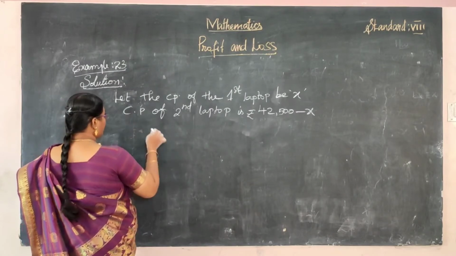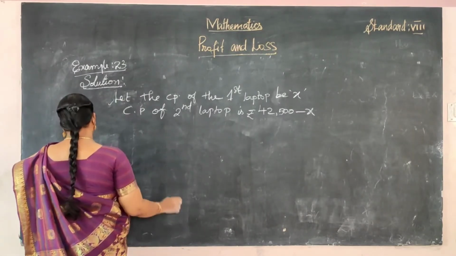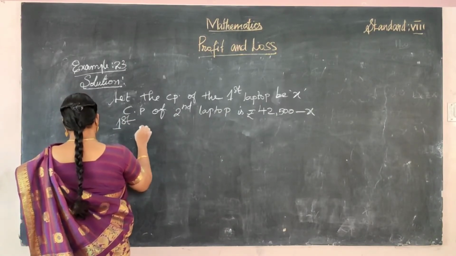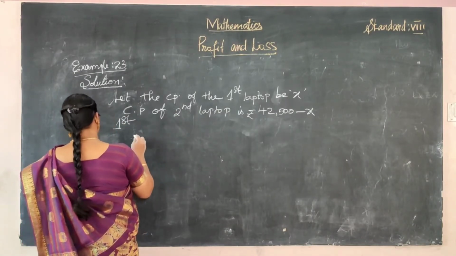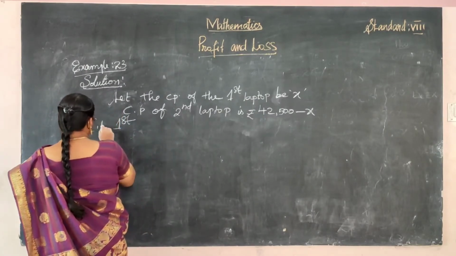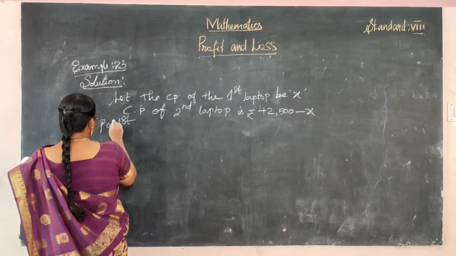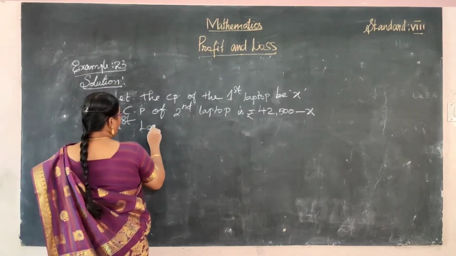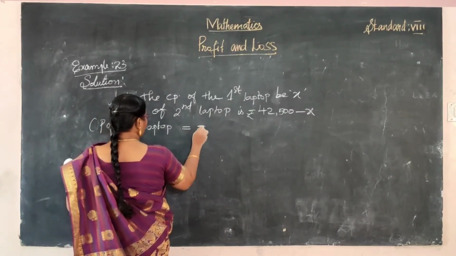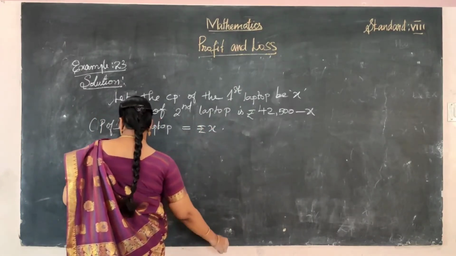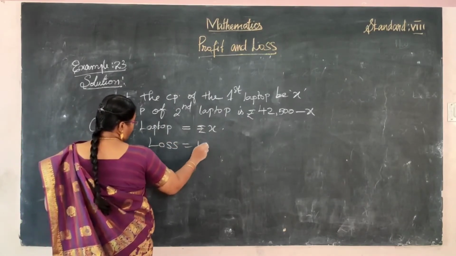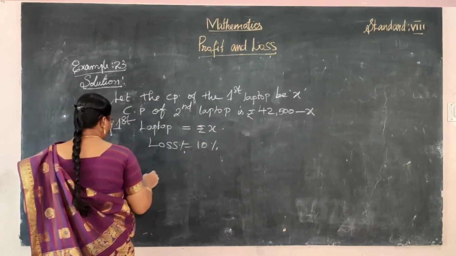So first we have considered the first laptop. Cost price of first laptop is equal to X. Okay, so loss 10%. So what is the formula?